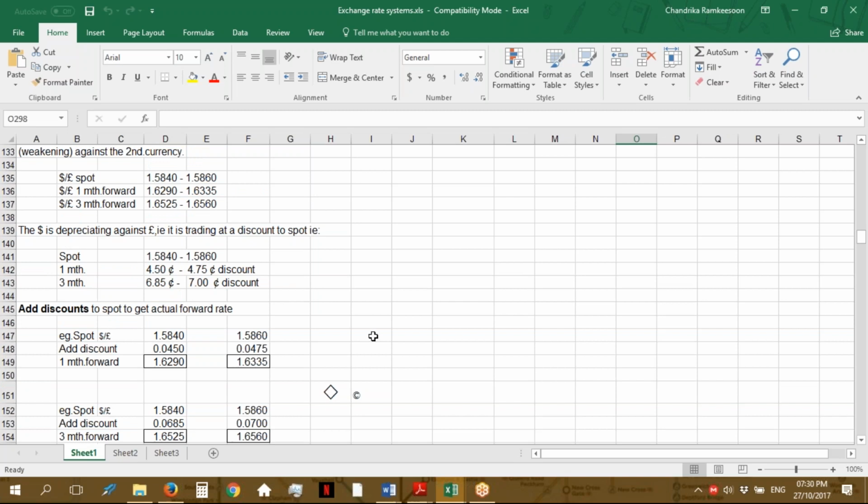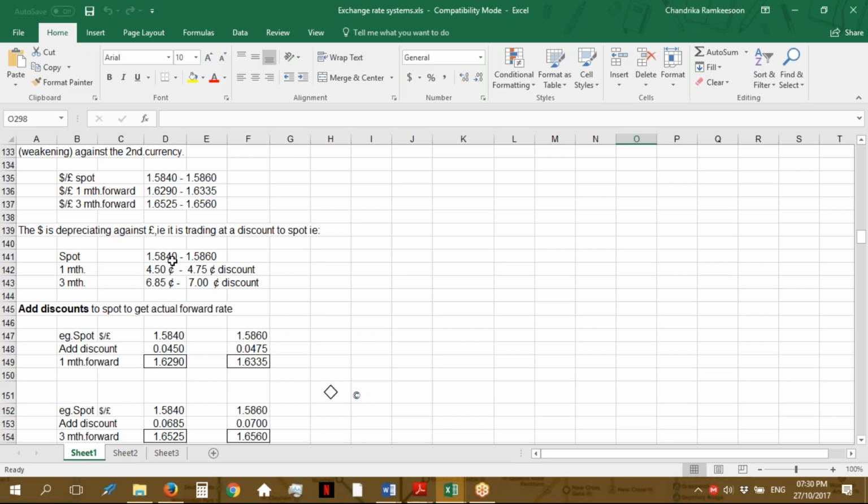Now bear in mind one thing though, note carefully how the discount is reflected. When you add this in your calculator, because the examiner has stated in the past that students do make little mistakes here, whether it's accidental or because the student themselves may not know, remember this is 4.50 cents, whereas this is $1.5840.